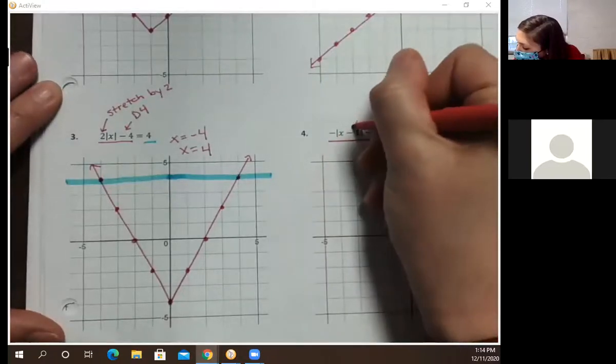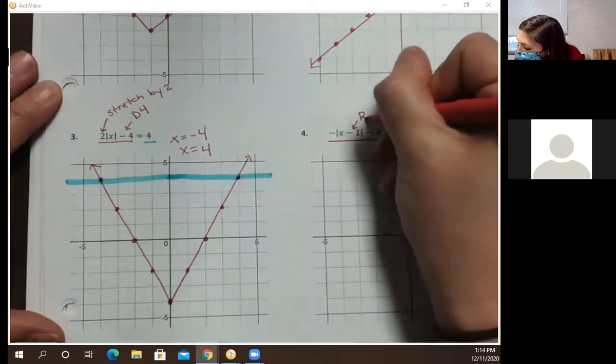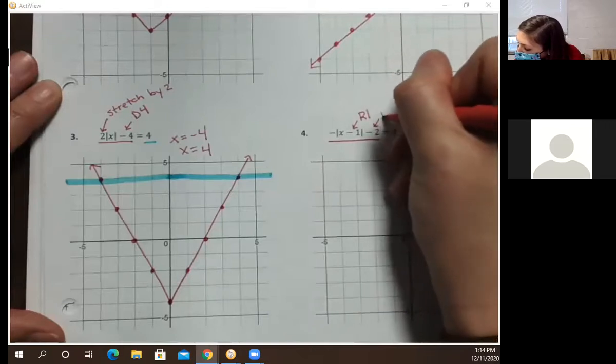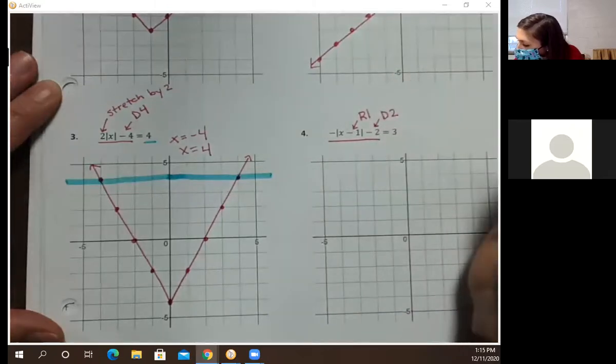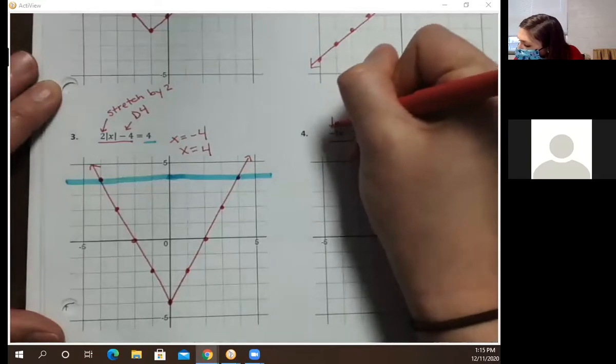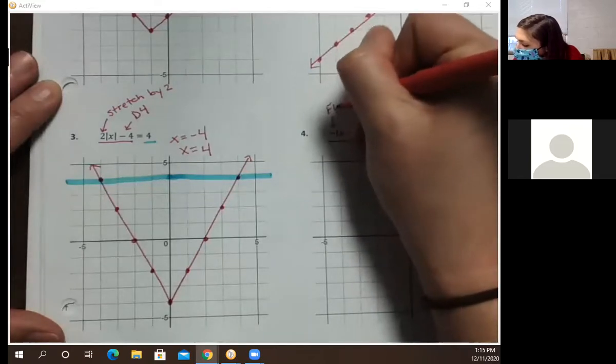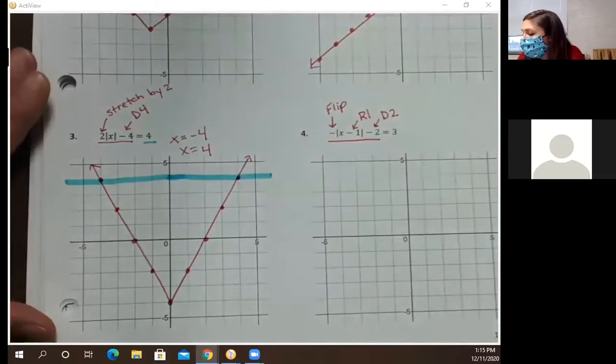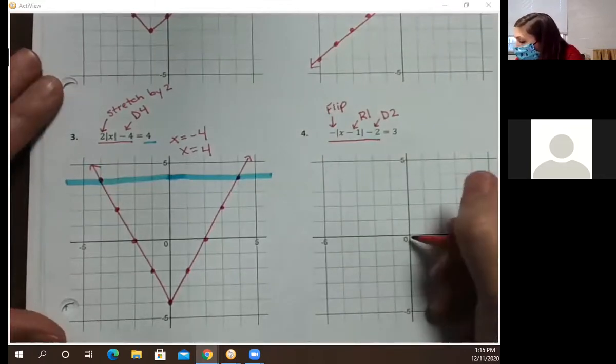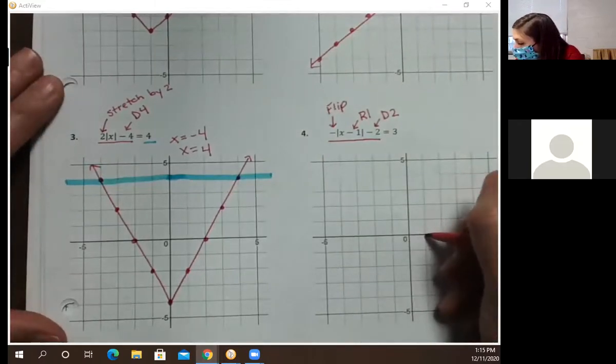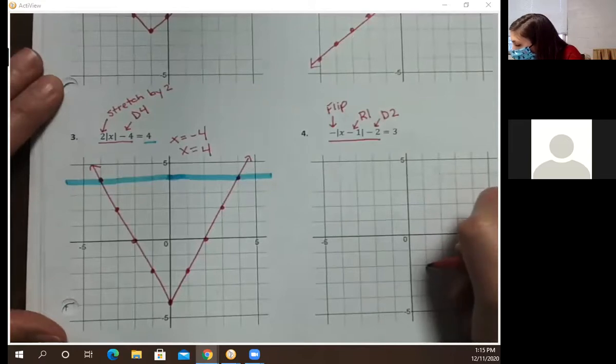So for 4, we're going to move to the right 1 and then down 2. And then that negative in front, remember, means that we are going to flip our graph. So from the origin, I'm going right 1, down 2, and then we're going down 1 over 1.